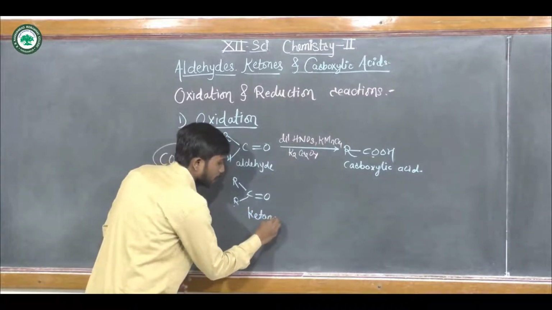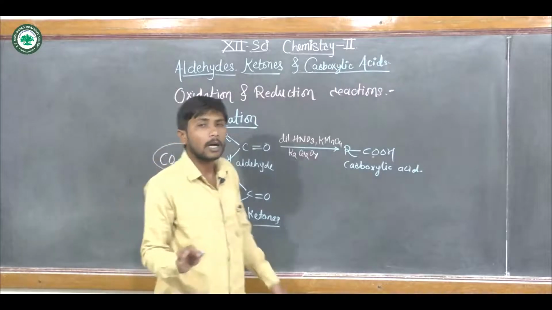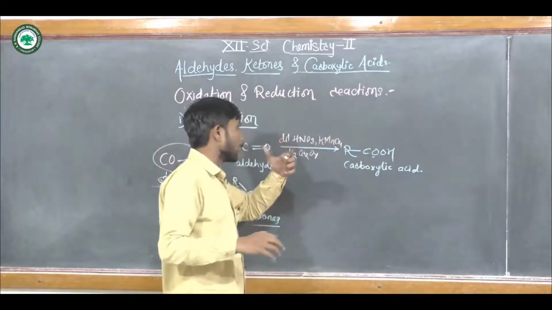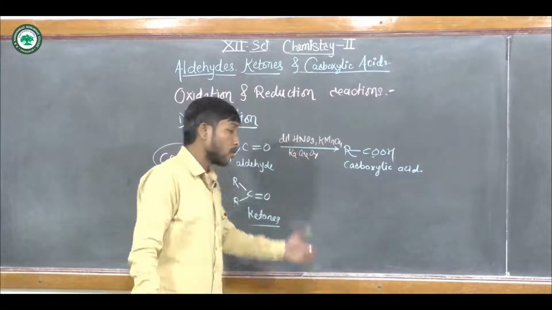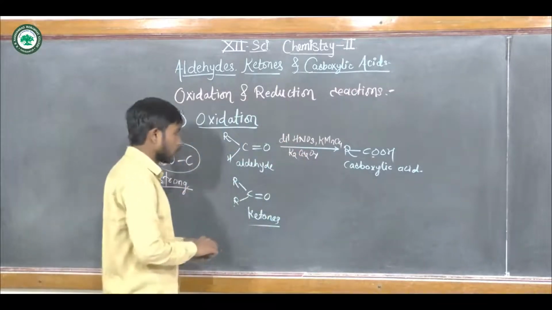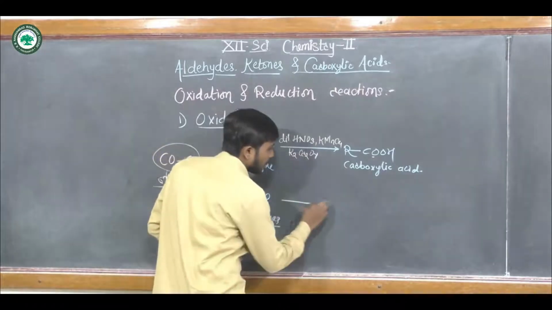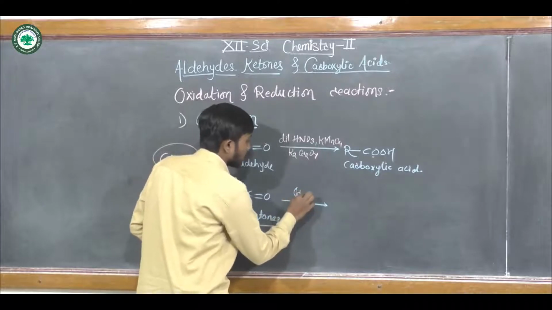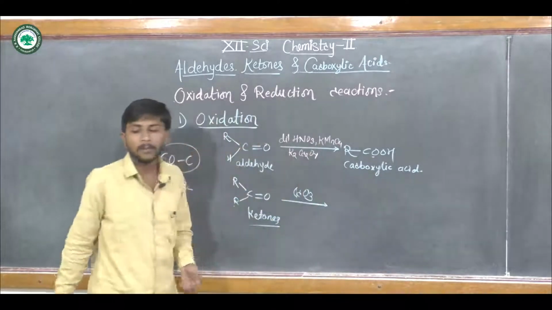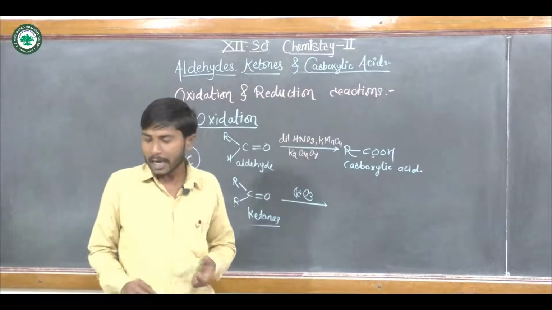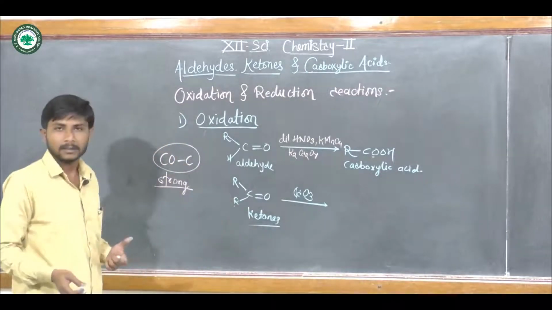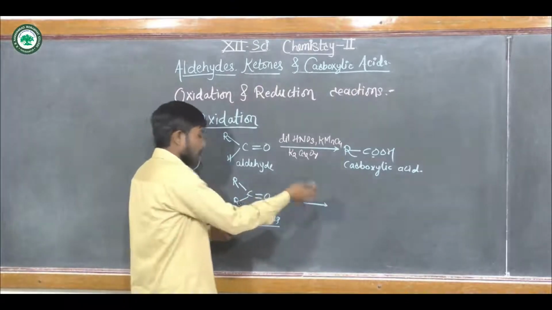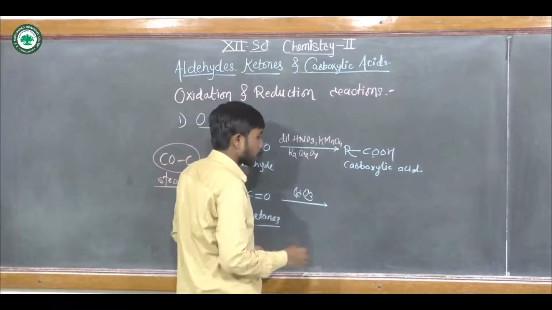That's why they do not undergo oxidation so easily with dilute nitric acid or KMnO4. For oxidation of ketones, we have to use strong oxidizing agents like CrO3, chromium oxide, or concentrated nitric acid, where these ketones get oxidized.